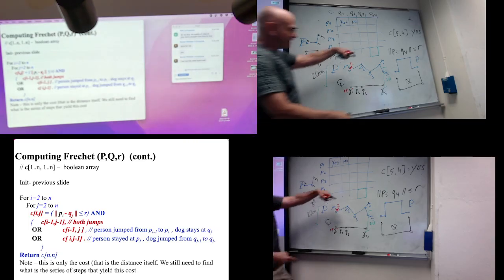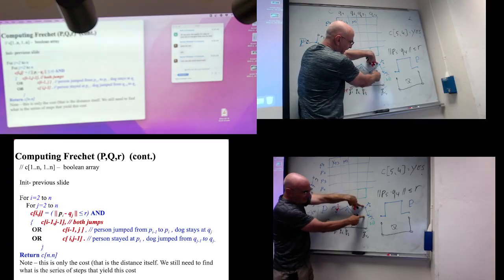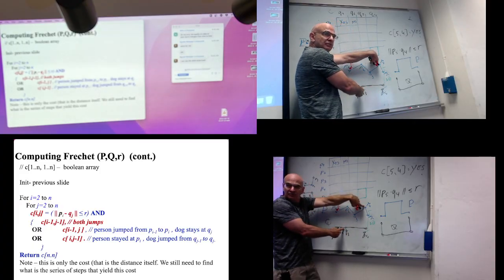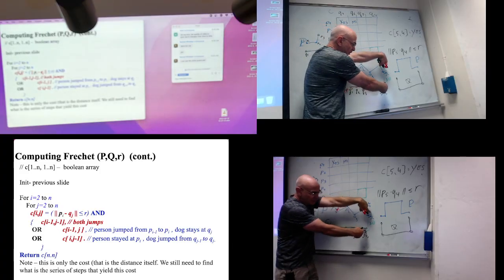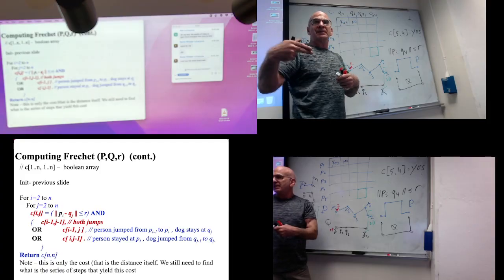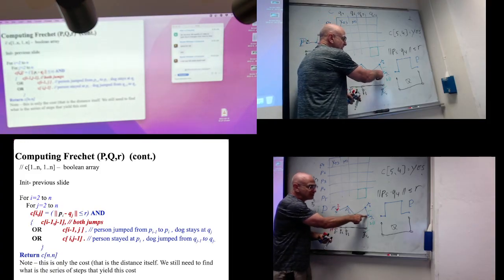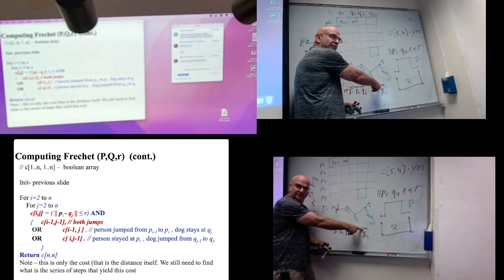Possibly one time step ago, the person was at P5 minus 1, P4, and the dog was at Q4 minus 1, Q3. And how did they do the last step? Both of them jump. That's one option. Another option was that the person was already at P5 and the dog jumps from Q3 to Q4.